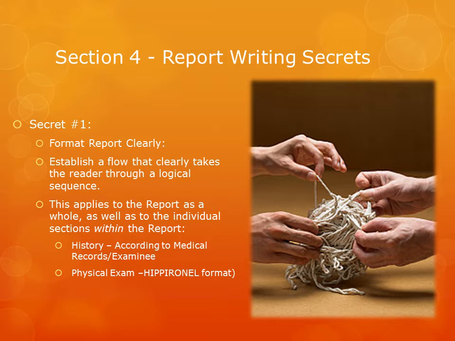Number 1 is the history according to the medical records. And number 2, the history as it's described by the examinee. And the 2 of those should correlate, correct? Any inconsistencies between what's described in the history according to the medical records and the history according to the examinee would need to be investigated.